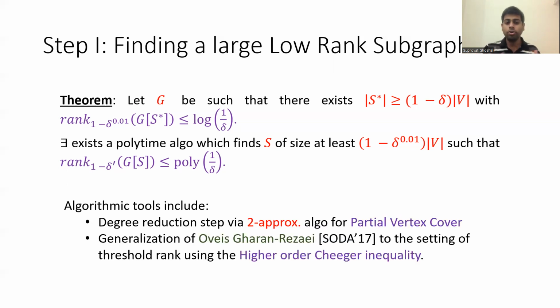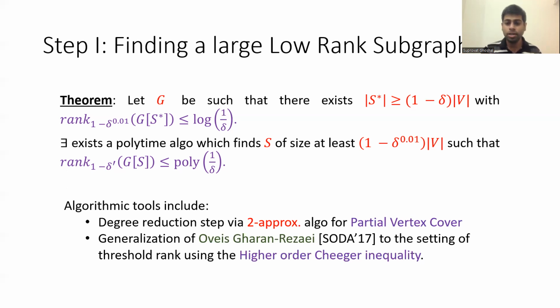This theorem and the algorithm associated with it is really the main technical contribution of this work. So several things go into it. For example, we use a two approximation algorithm for partial vertex cover that is used to control the degree distribution of the subgraph that we want to find.